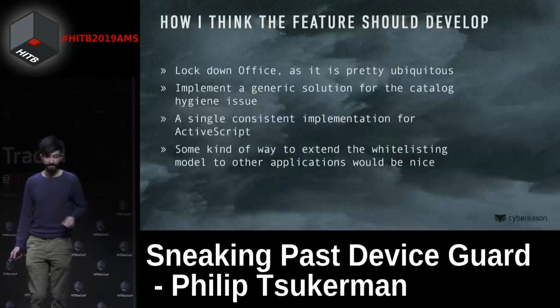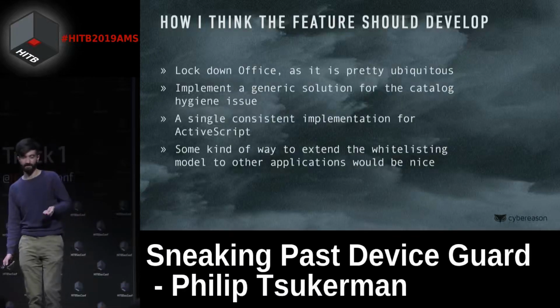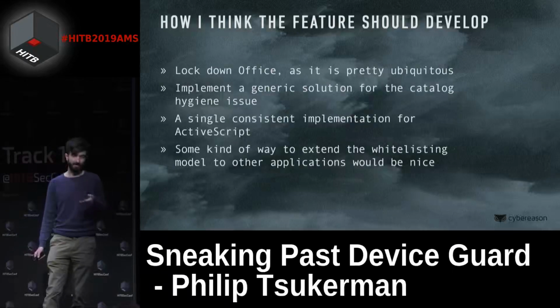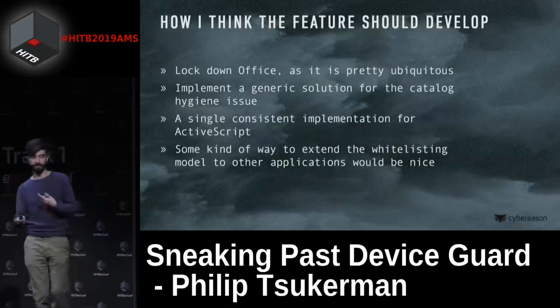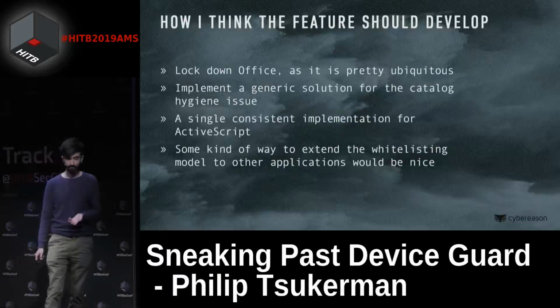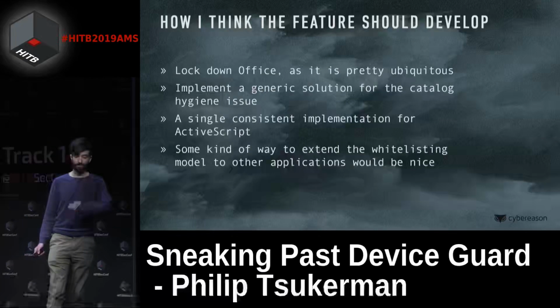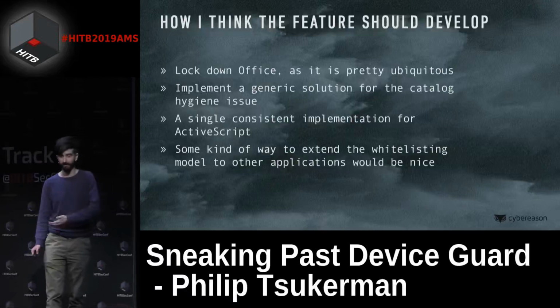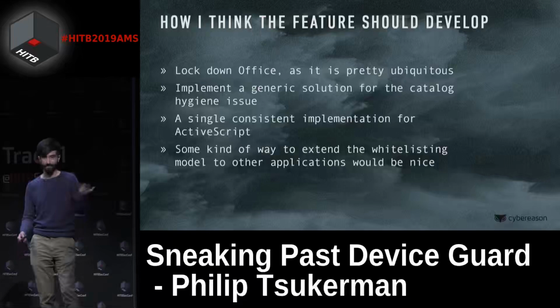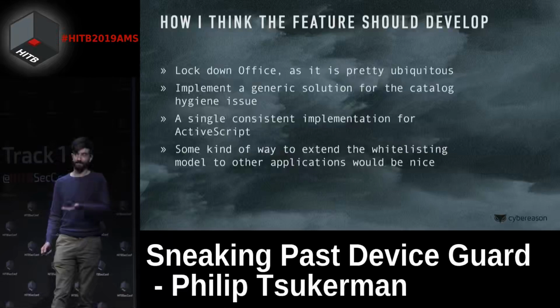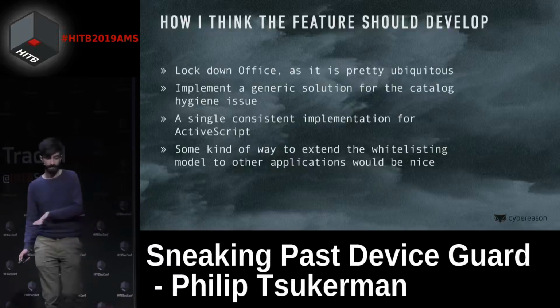And also, I think that a single consistent implementation for the ActiveScript device guard should also be a goal, because I'm not sure I found the only bug stemming from these inconsistent implementations. Also, it would be pretty nice to give some kind of API to extend the whitelisting models to other applications, because, well, let's say I have Java. This could also be used to break device guard, because it does not look at Java files, et cetera. Same thing with Python.